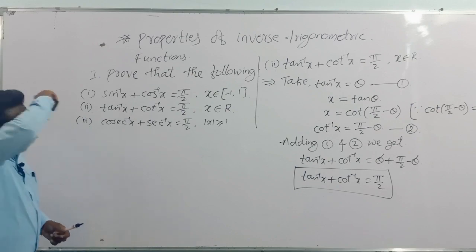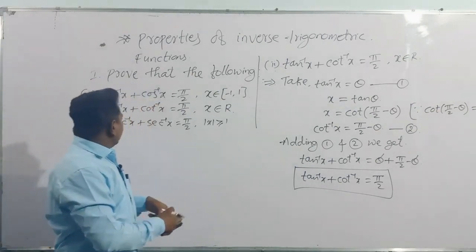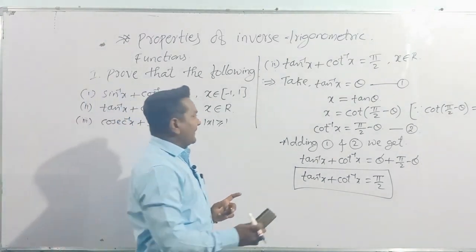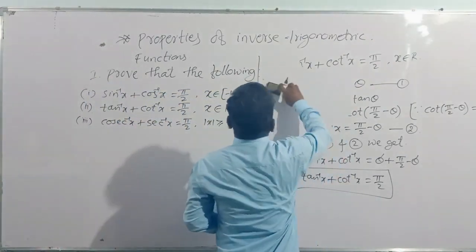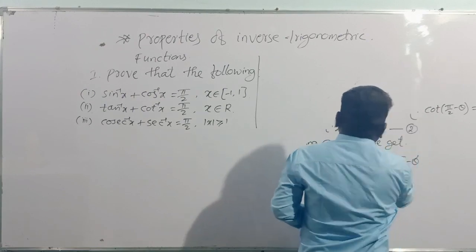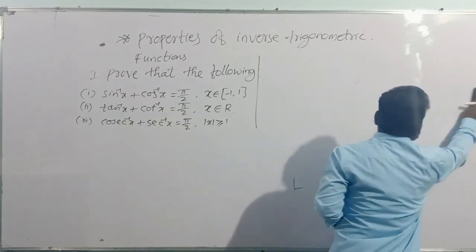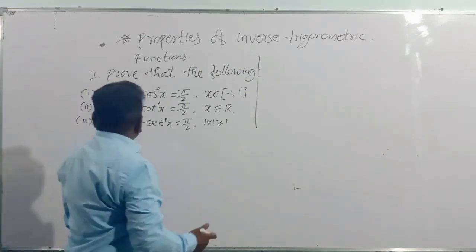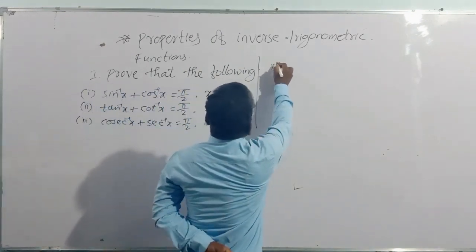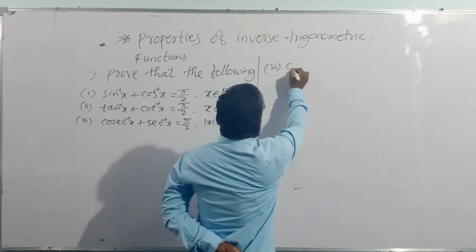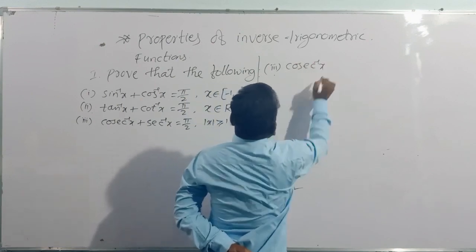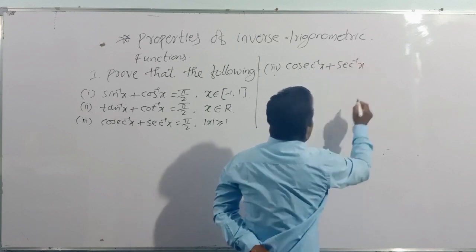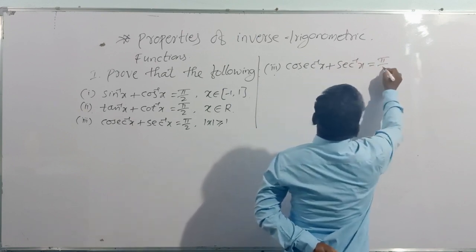Now same case we have to prove third property, that is cosec inverse x plus sec inverse x is equal to pi by 2. Now third one is, that is cosec inverse x plus sec inverse x equals to pi by 2.